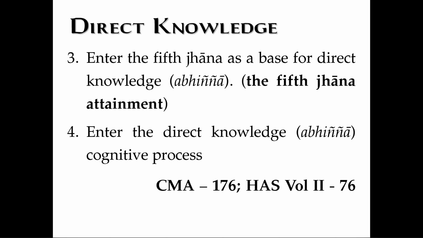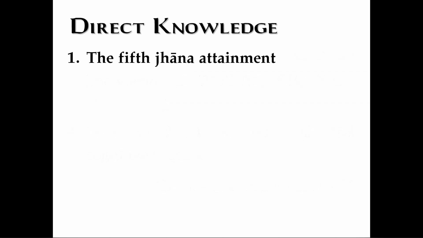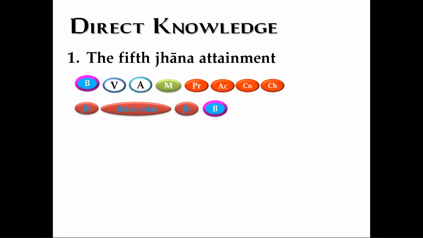So actually this is the direct knowledge mind process. First the jhana attainment: bhavanga, vibration of bhavanga, arrest bhavanga, and here mind-door adverting, preliminary stage, then access, then change of lineage, then jhana, here the fifth jhana.